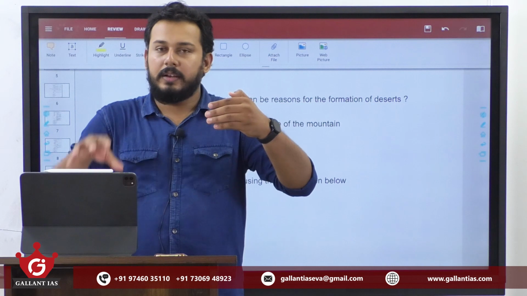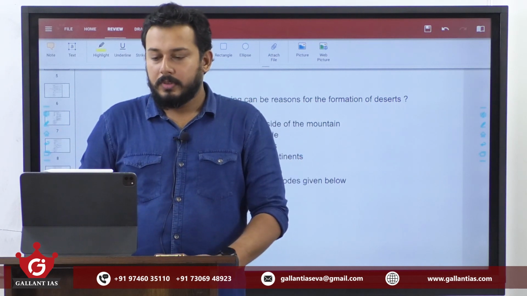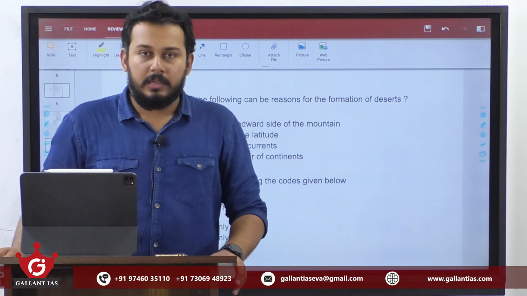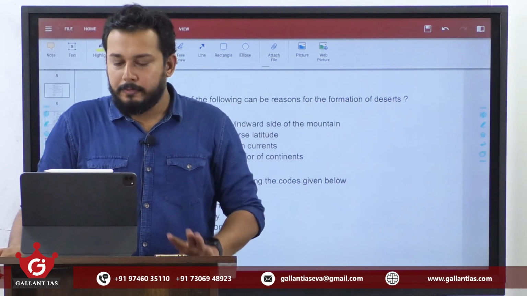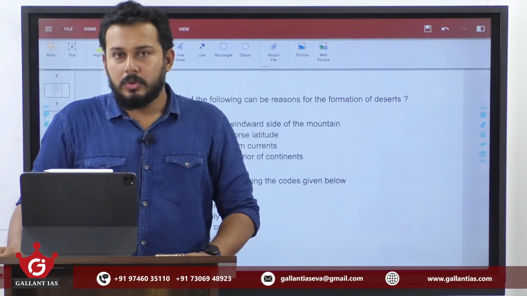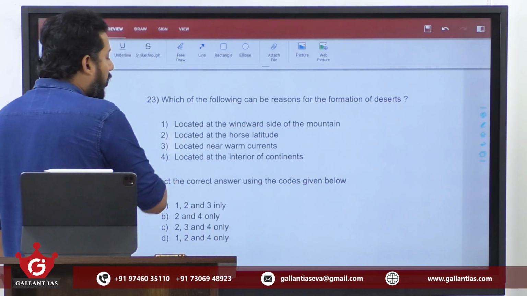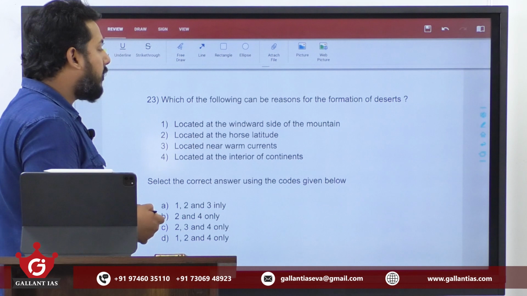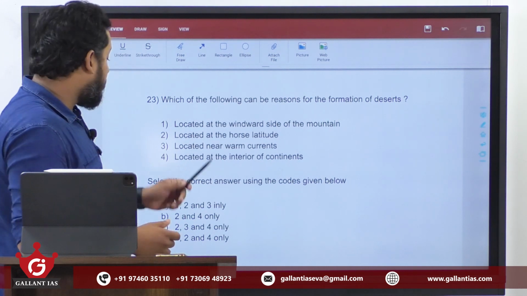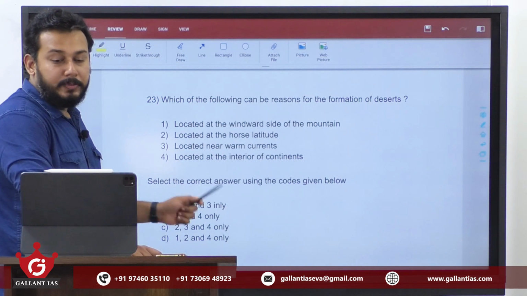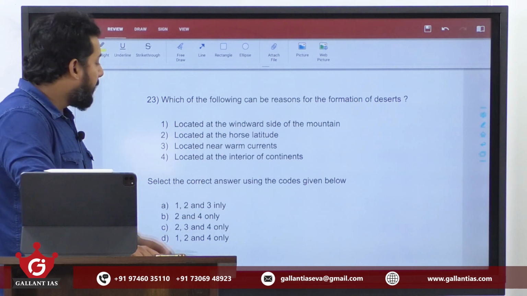Along the leeward side, we will be having dry or arid condition. So, if a region is located along the windward side of the mountain, that region will be getting enough rainfall. So, the chances of formation of desert is very low if it is located along the windward side of the mountain, which makes the first statement wrong. If the first statement is wrong, you can eliminate option A and option D.